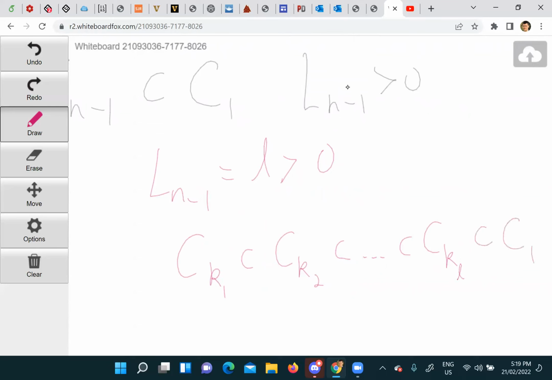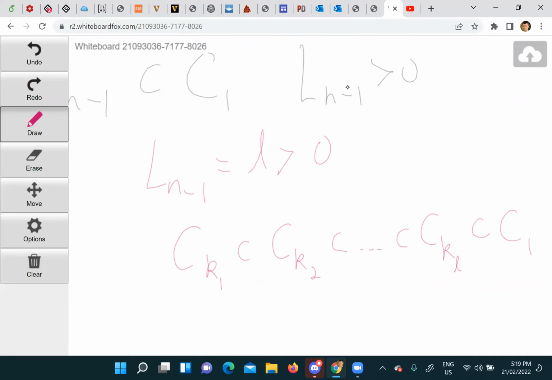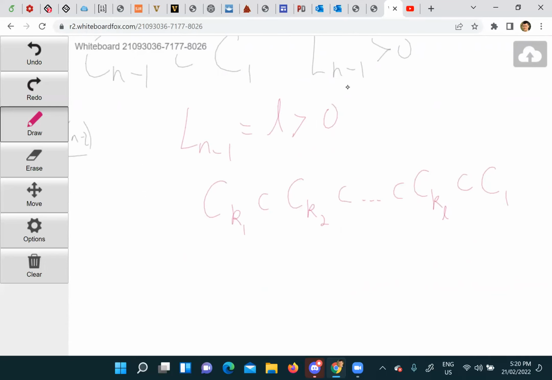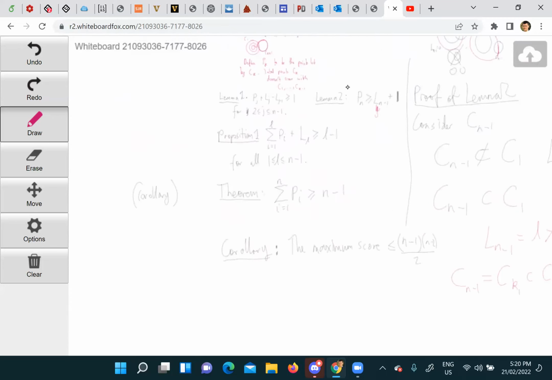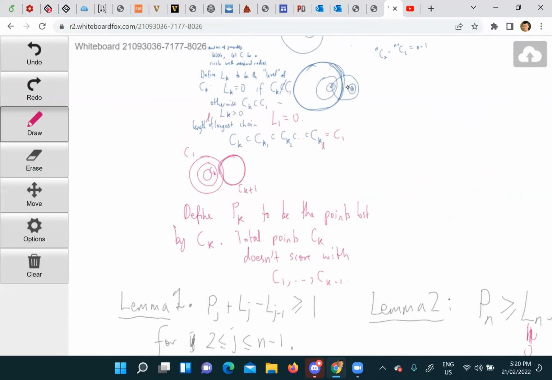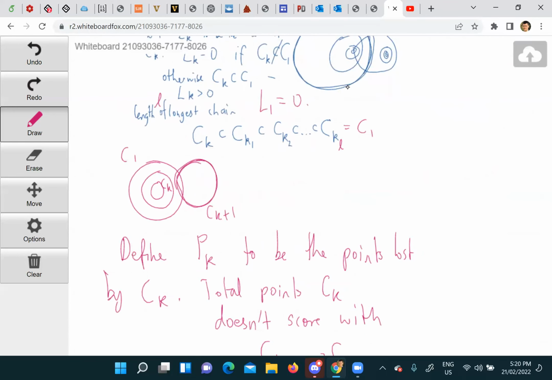In here there's a nested sequence. There's L plus 1 circles, yeah? Okay. But we know this last one here is actually Cn minus 1, and the first one is C1, right?